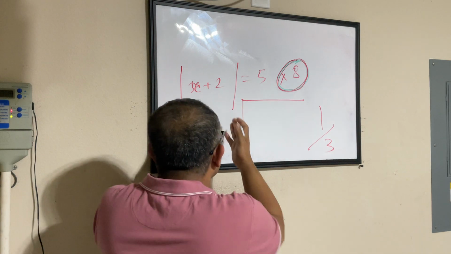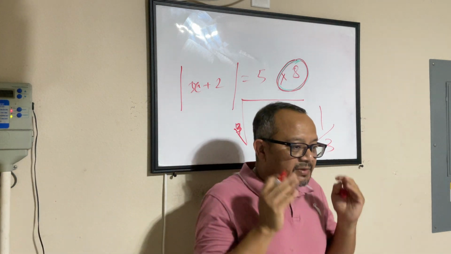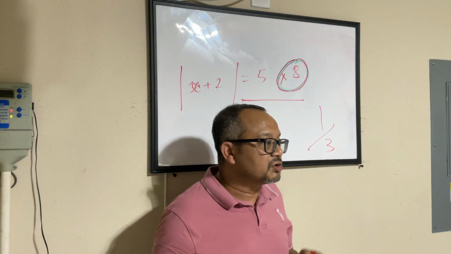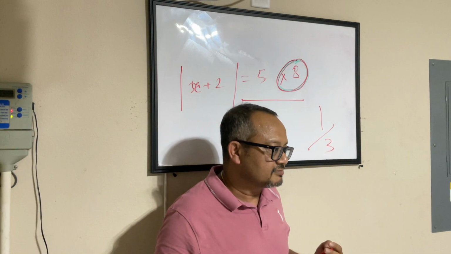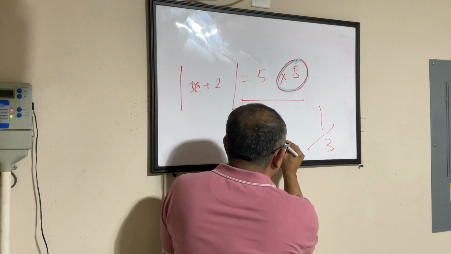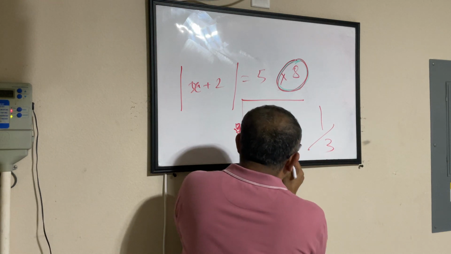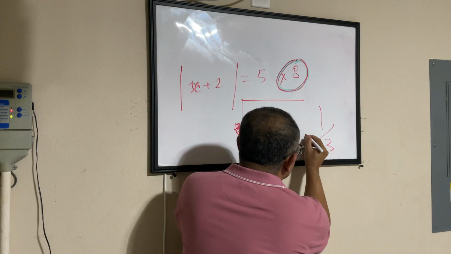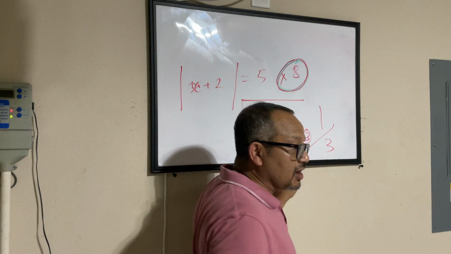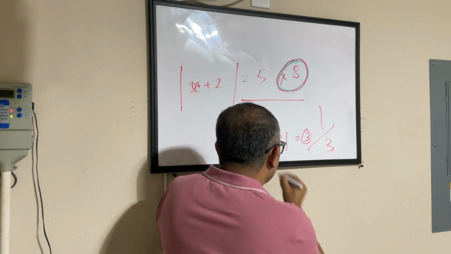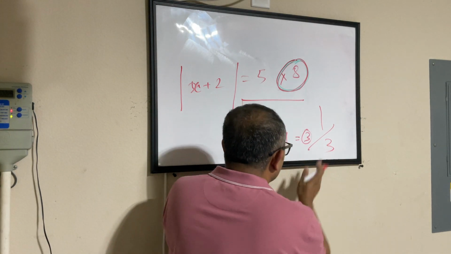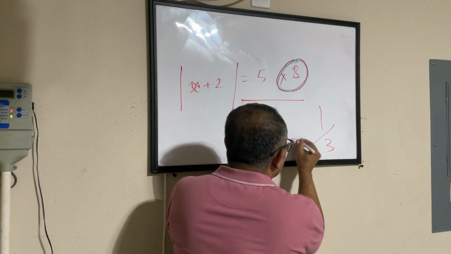But what does this bar signify? The bar makes us immune to the sign. Meaning, if I put a 3 inside the bar, this is absolute value, so this is actually 3. We're only talking about absolute value. If you have a minus 3 inside the bar, the value will be 3 only.